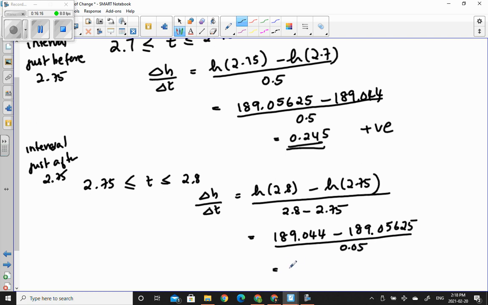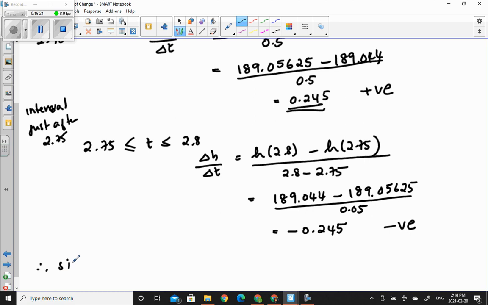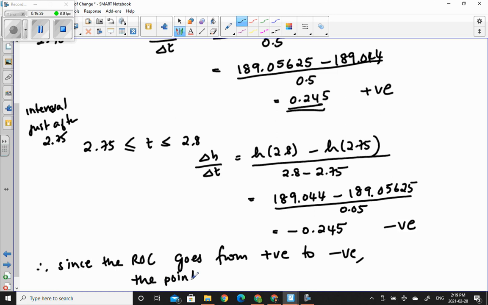And that works out to negative 0.245, and we see that our slope is now negative. So now, therefore, since the rate of change goes from positive to negative, the point or the vertex is a maximum.